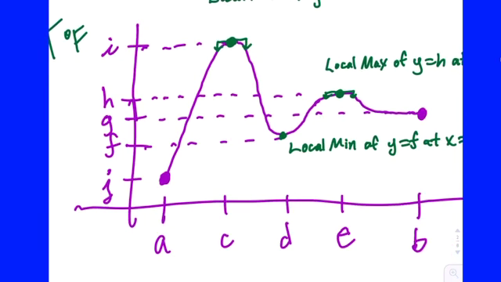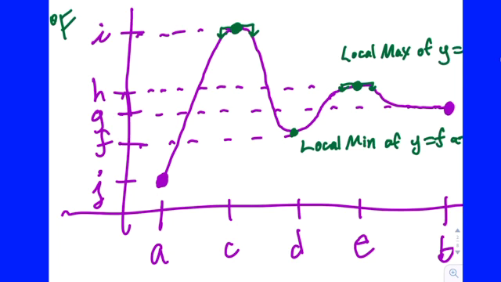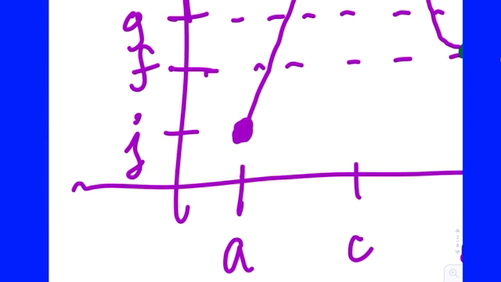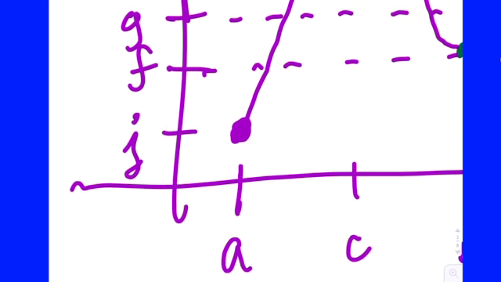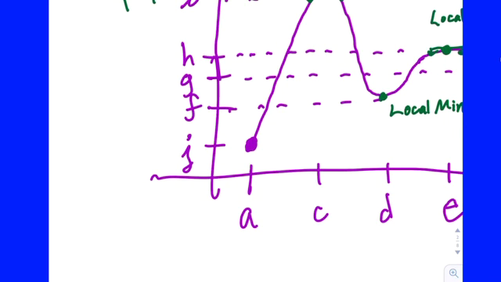Now look at over here at the point a comma j. Would you say that that's also a local minimum of j at x equals a? Not the way I gave you the definition, no. Someone might be able to make an argument that in the relatively small interval of a, j is the lowest point. But remember that local extrema have to occur on an open interval.